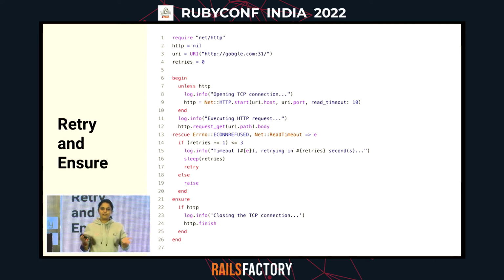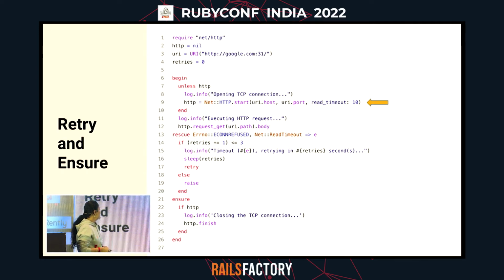Ruby is one of the few languages which provide a retry facility in case of unreliable operations. For example, if an API is taking too long to respond, we can use retry. As shown in this example, here we are setting the read timeout variable to 10 seconds. If an API is not giving a response in 10 seconds, it will raise a read timeout exception.